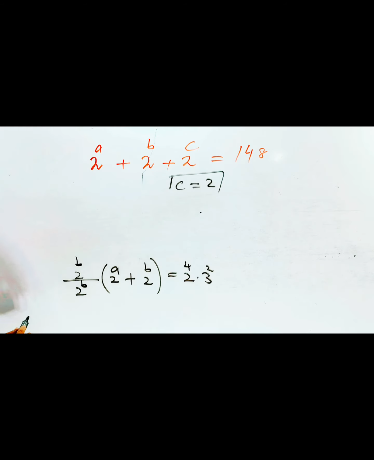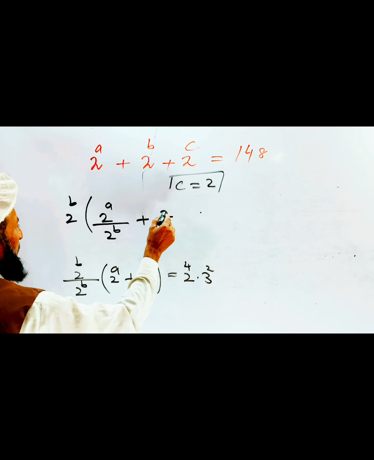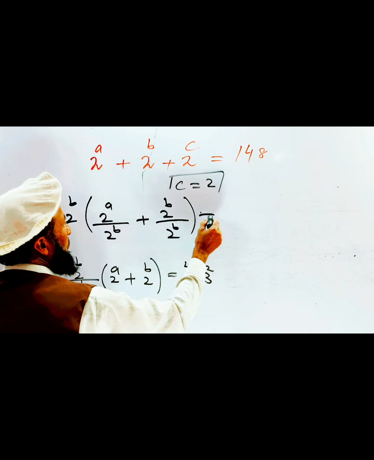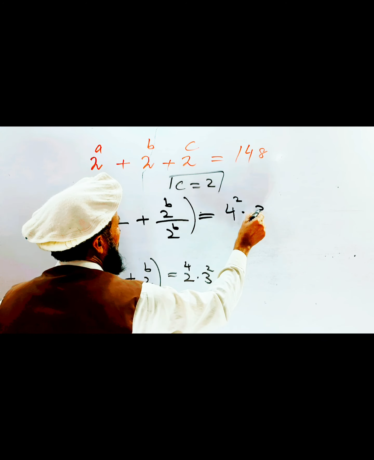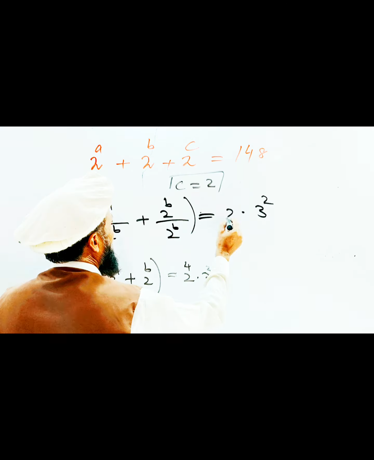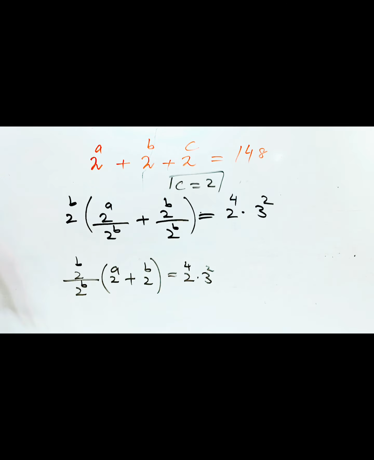Dividing each term in the bracket, 2 exponent of a divided by 2 exponent of b plus 2 exponent of b divided by 2 exponent of b is equal to 2 exponent of 4 into 3 square.